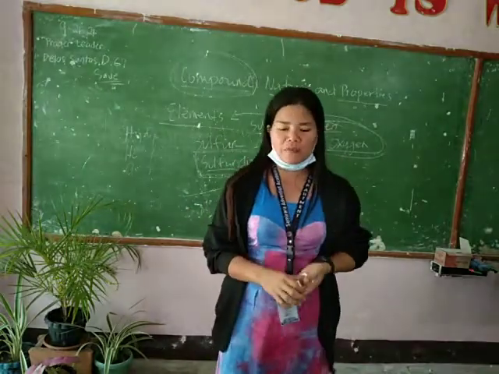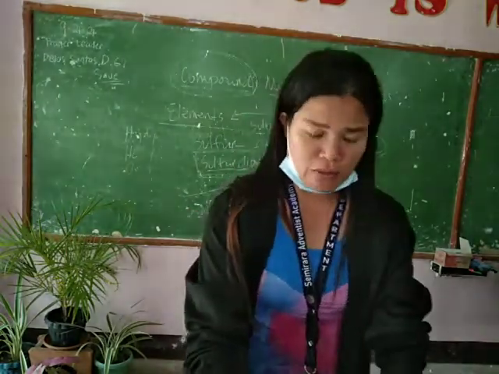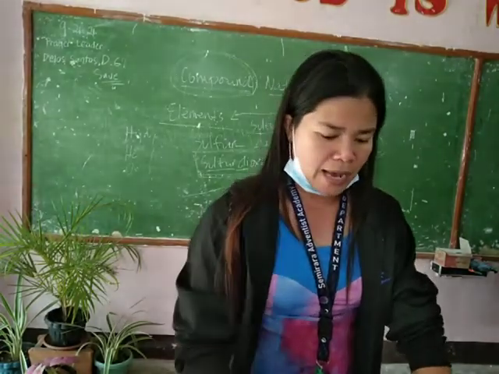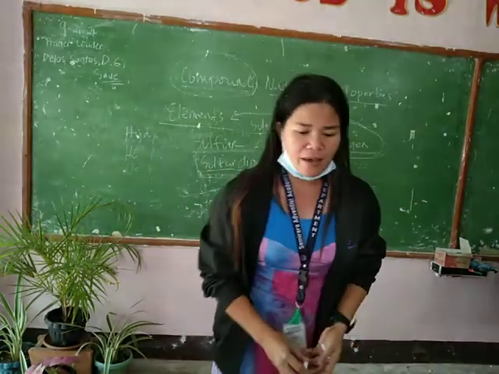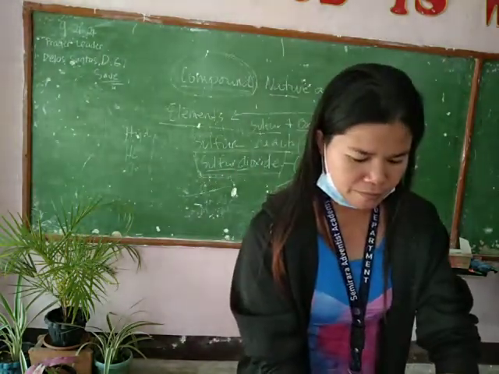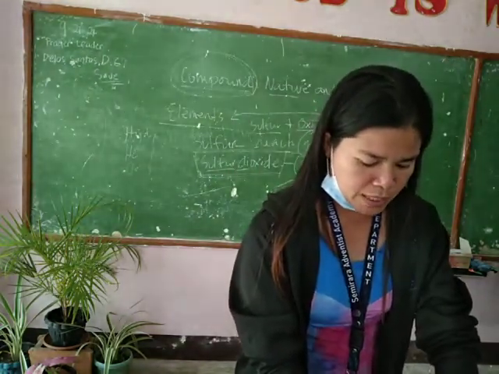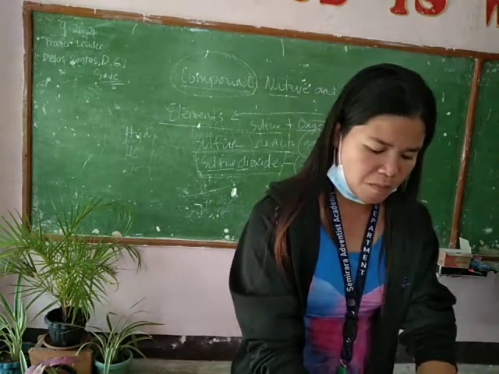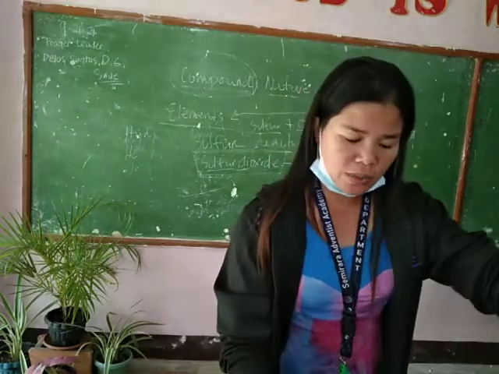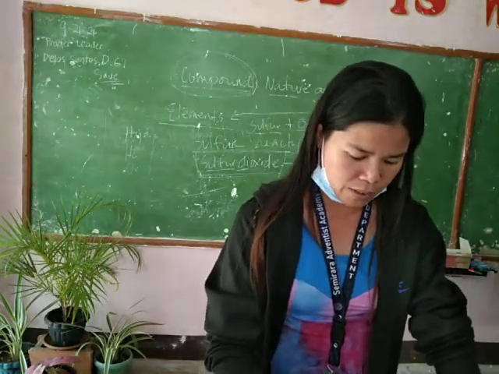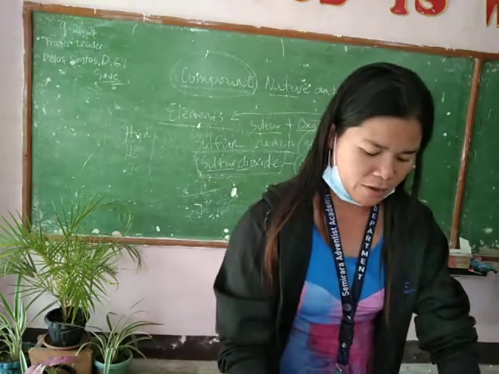So, last previous class ay inyong natutunan kung ano ang elements. Sa ating klase noon, pag sinabing elements, what is elements? Pag sinabi mo yung compounds, ano ibig sabihin ng compounds, di ba? Sabi nun is two classifications, the elements and the compounds. So, anong pinagkakaiba nito?